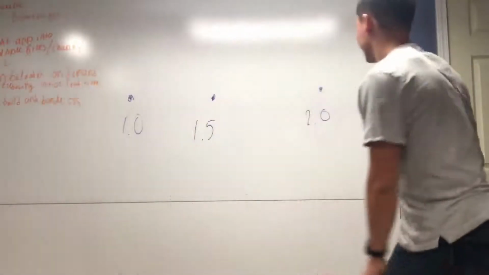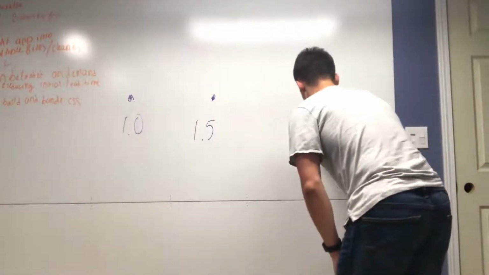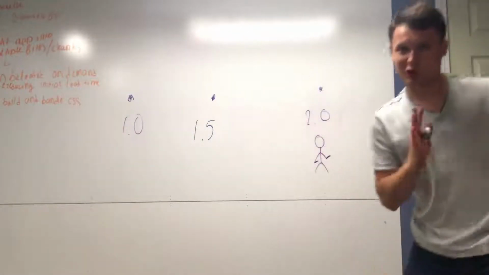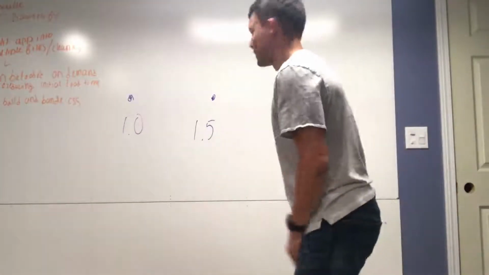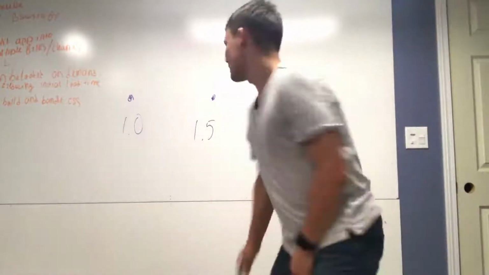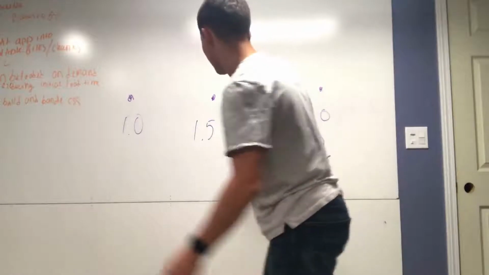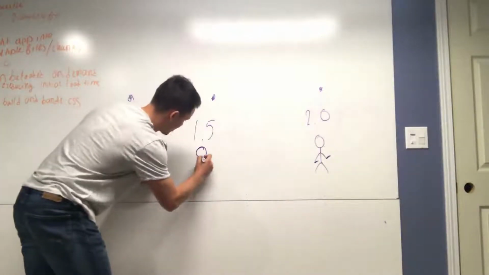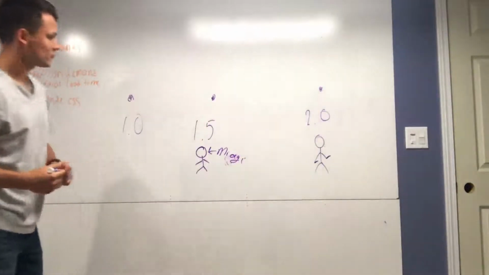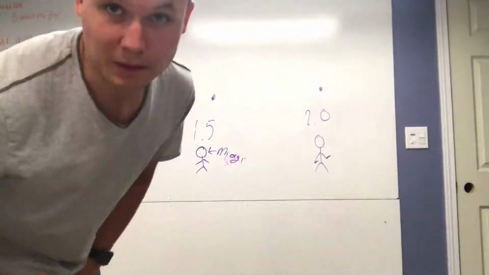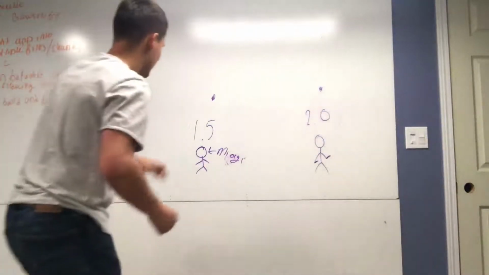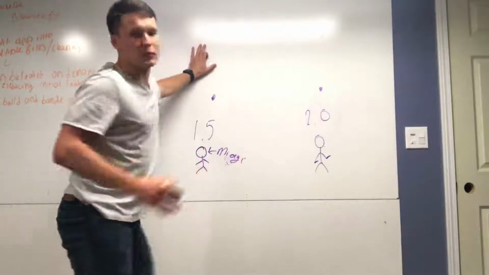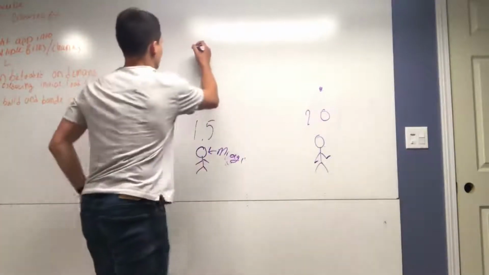So this is the Karate Kid, he's trying to defend himself. And then 1.5 is the teacher, Miyagi. This is the teacher basically, and in a way, this part is using something called components.